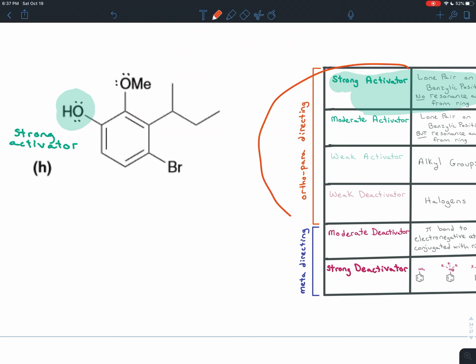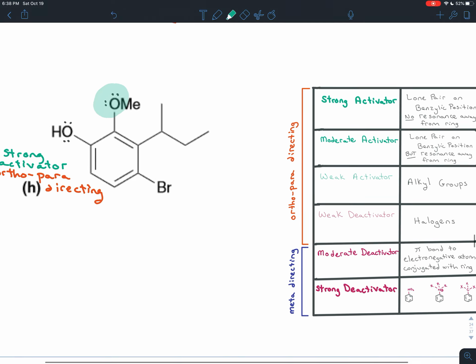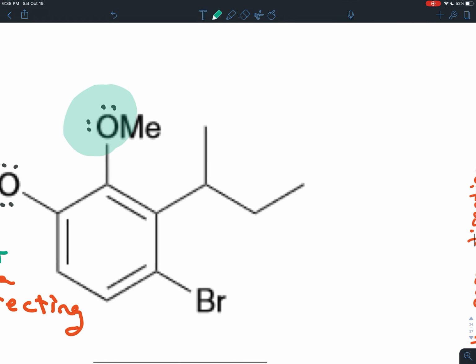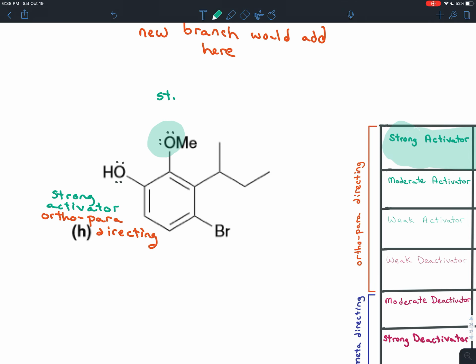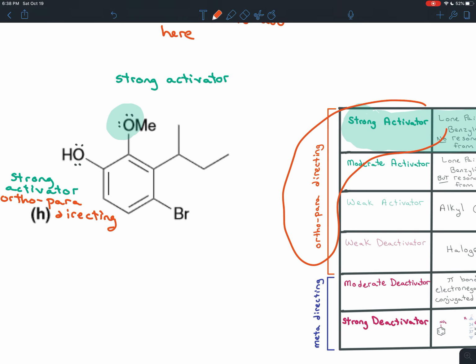And all activators are ortho-para directing. For the next group, the methoxy group, notice you have lone pairs on that benzylic position, and they're not being pulled away from the ring through resonance, so that is another strong activator. And all activators are ortho-para directing.